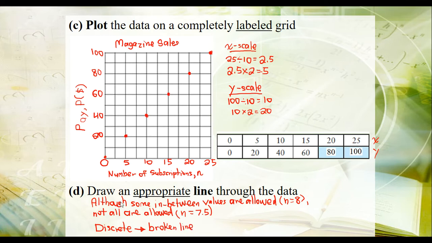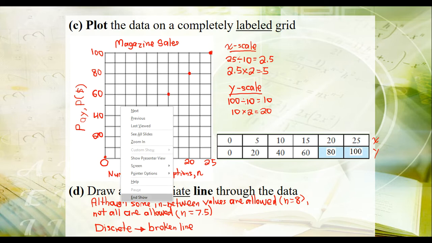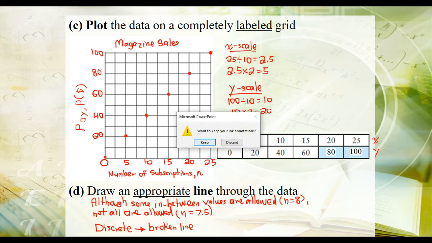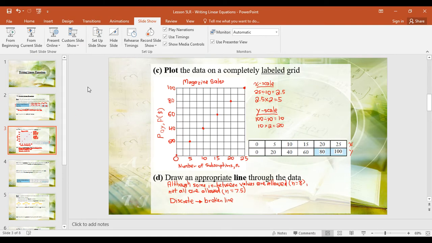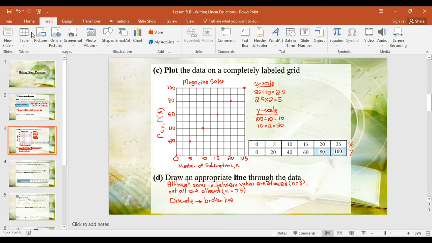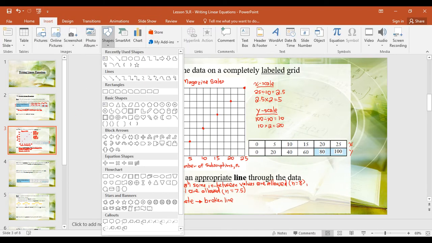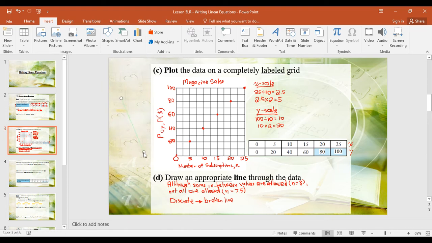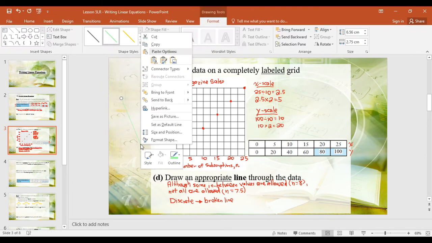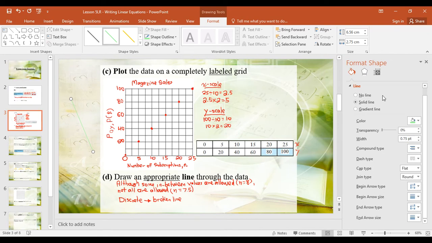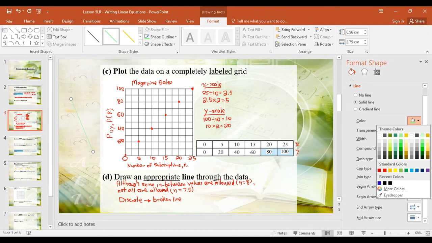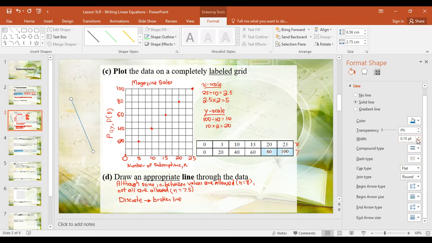Okay, so I'm going to grab a line here. You can do this with a ruler now very easily. And again, you should do this with a ruler. Okay, so let's grab a line here. Well, first of all, let's change it to blue in color because that stands out pretty nice.